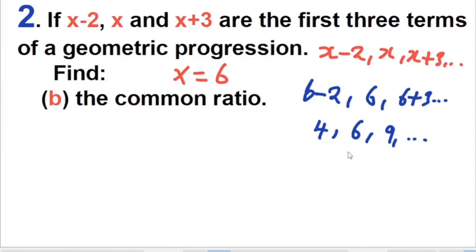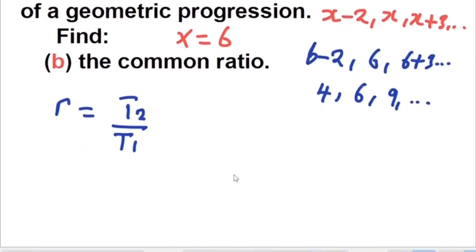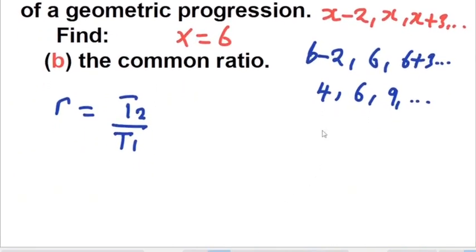So how do we find the common ratio? We said common ratio, which is r, is found by term 2 divided by term 1. In this case, we are just going to consider this new sequence.